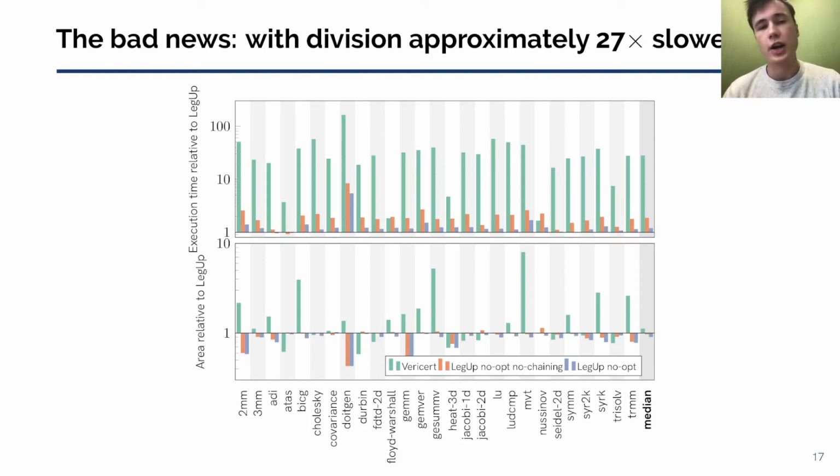The reason we're 27 times slower with division is because we implement division in 1 clock cycle. And as division is a long operation, this really bounds the upper limit of the maximum frequency that our FPGA can actually run at. So our whole execution becomes much slower.